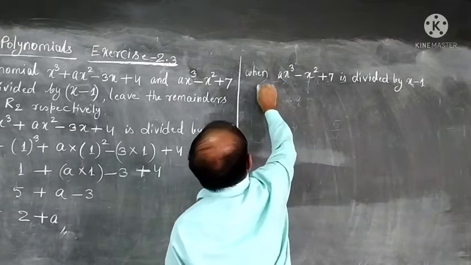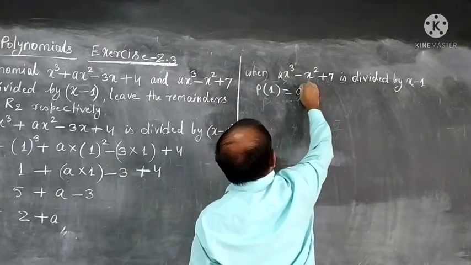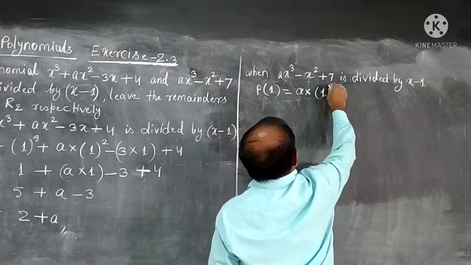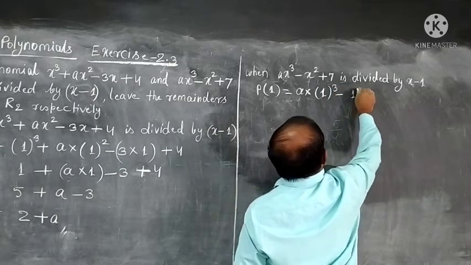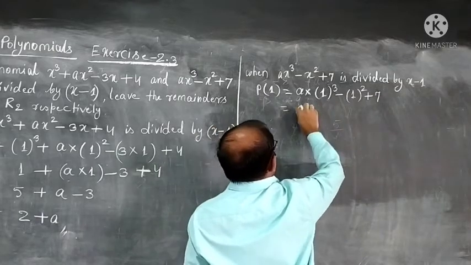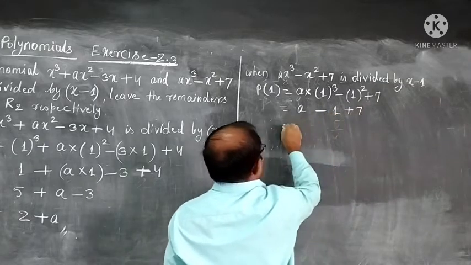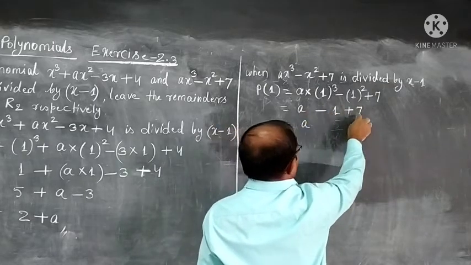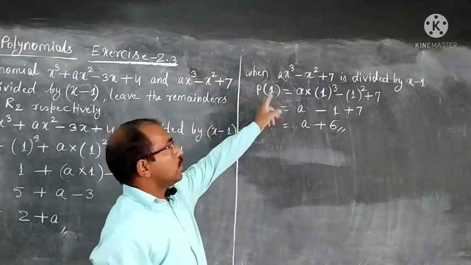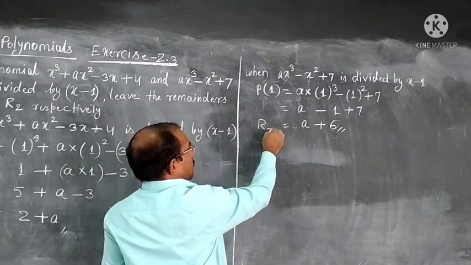So, we will use plus 1 as the zero: A into 1 cube minus 1 square plus 7. We get A minus 1 plus 7, which is A plus 6. This is the remainder we got when the second polynomial is divided by x minus 1. So, say this is r2.